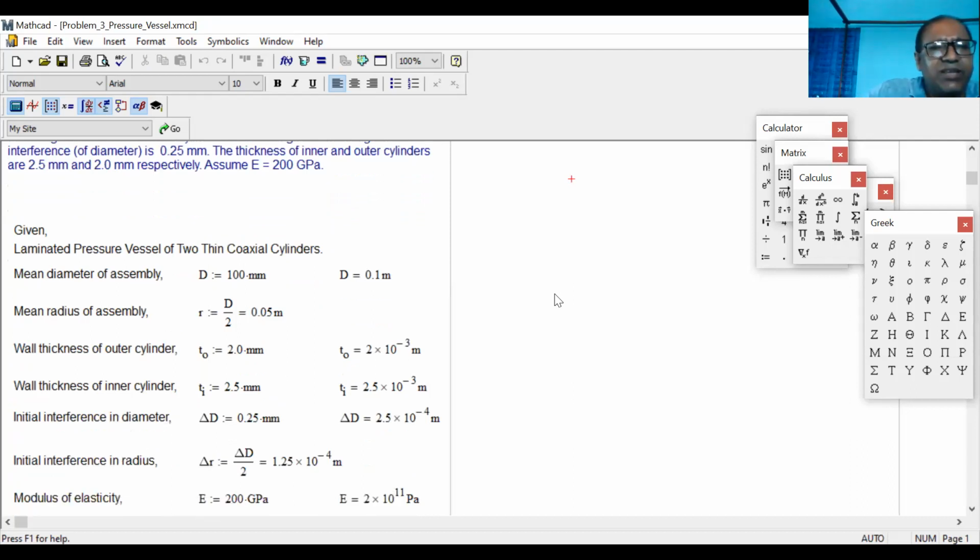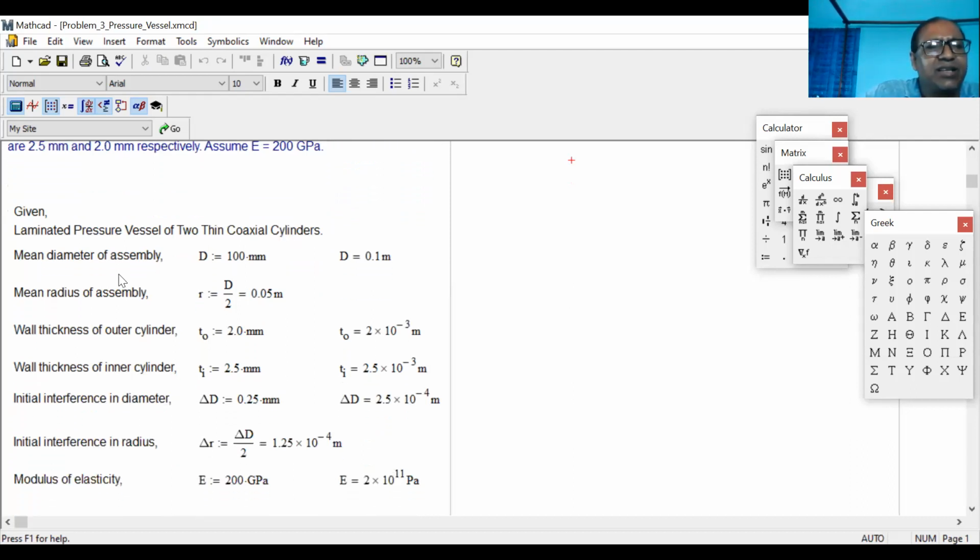The laminated pressure vessel of 2 coaxial cylinders, mean diameter of assembly D 100 millimeter. Mean radius of assembly, we figure out the radius. Wall thickness of outer cylinder, convert in meter. Wall thickness of inner cylinder, convert in meter.